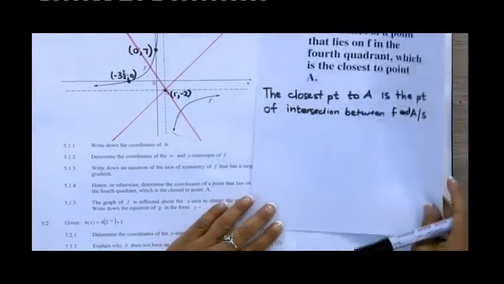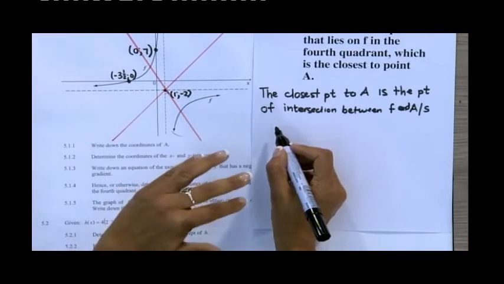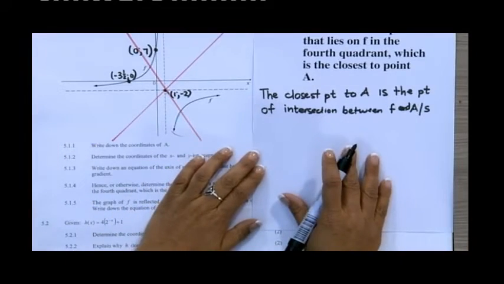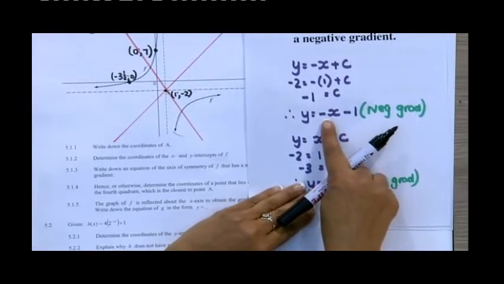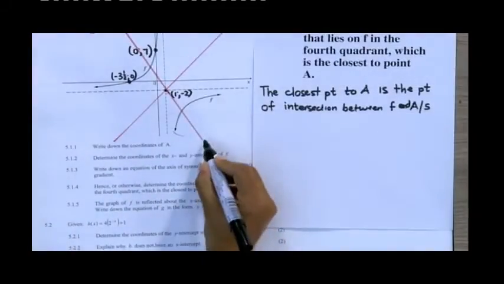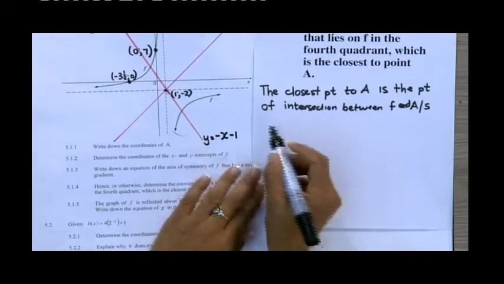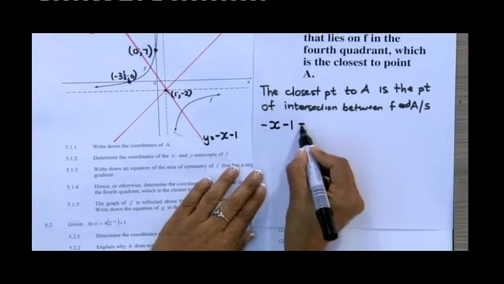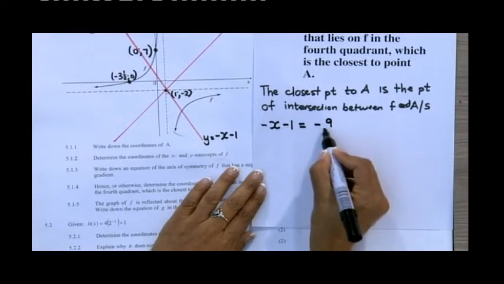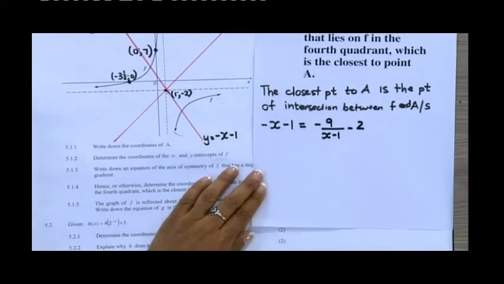So point of intersection, grade 11s, I take my one graph and I put it equal to the other graph. Remember, we got this line to be minus x minus 1. So this equation here is negative x minus 1, and I'm going to put it equal to my hyperbola, and that is my hyperbola's equation.